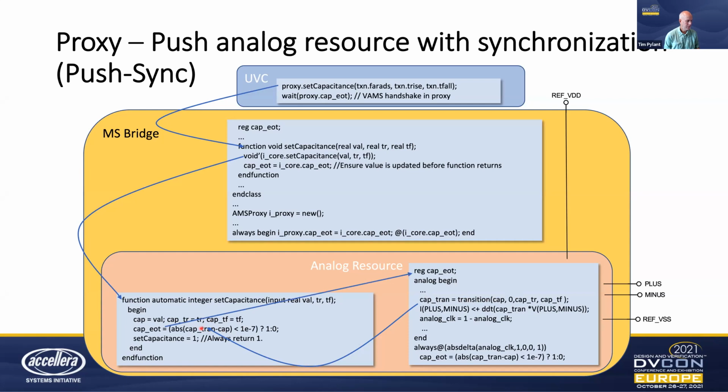And then that will trigger up here in our proxy. So we say, okay, we've hit the end of transition. We see that the value has gone through the analog transition, and so now our wait can finish and we can continue on.